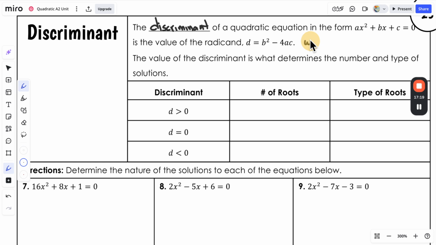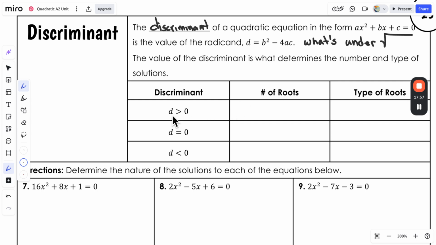Radicand means what is under the radical sign. And the radical sign is just that. The value of the discriminant tells us whether we have one solution or two solutions, and it tells us whether it is complex, real, or, well, there's not an or, something else.